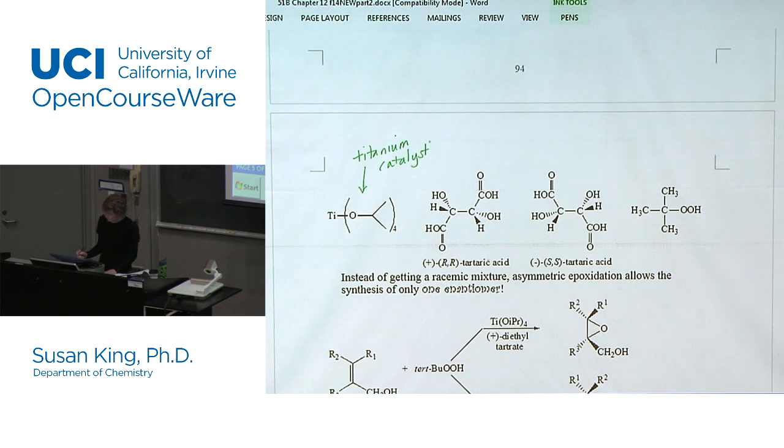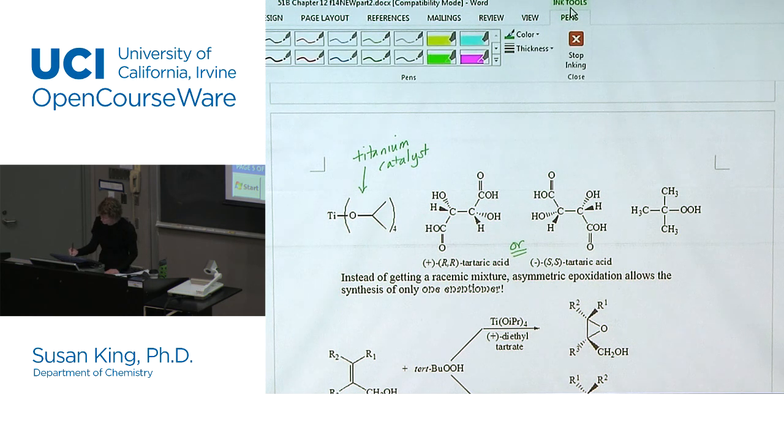And you use one of the two of these, the plus RR tartaric acid or the minus SS tartaric acid. The one that you choose depends on which enantiomer you're trying to make. And these two reagents are in catalytic amounts.